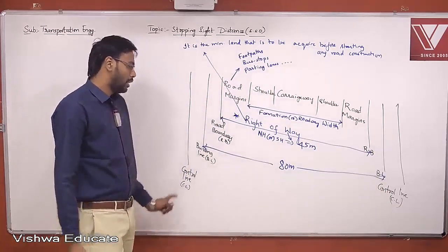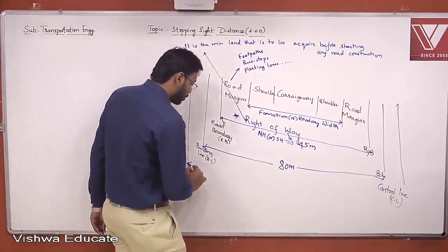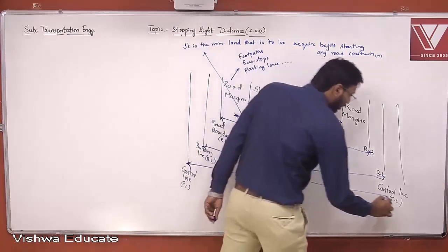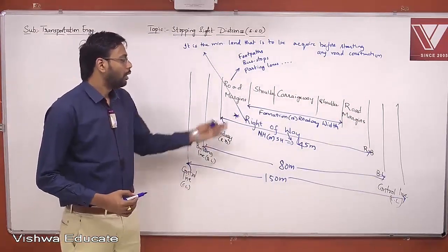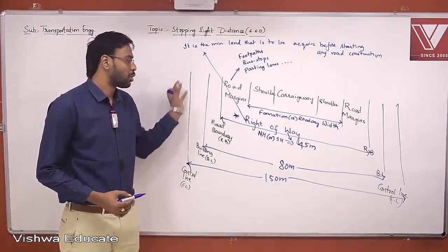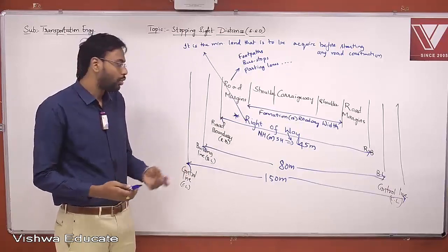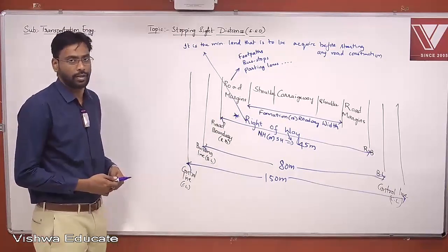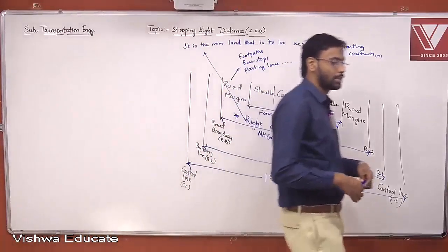And control line, I have discussed it already, and generally the distance between two control lines is around 150 meters, right? So all the things that are shown on a road and adjacent to the road can be seen in this one single picture, right? So you can note it down for 1 minute.